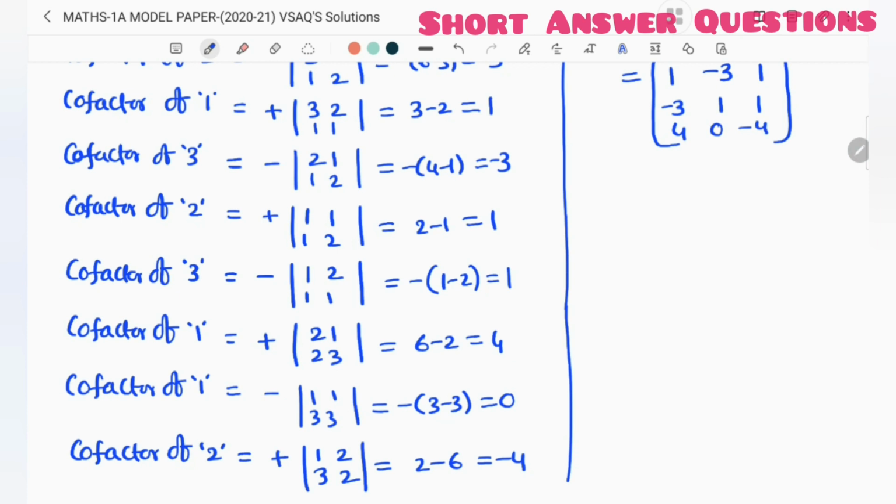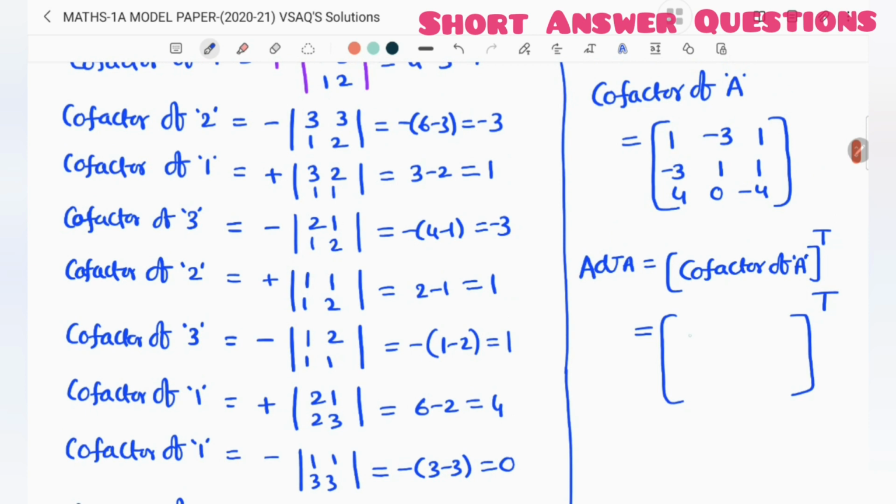But to calculate the inverse matrix, we need the adjoint matrix. Adjoint of A is equal to the transpose of the cofactor matrix of A. What does transpose of a matrix mean?